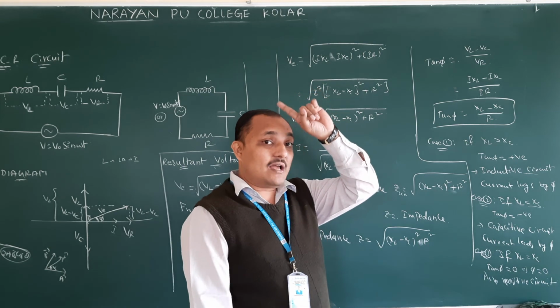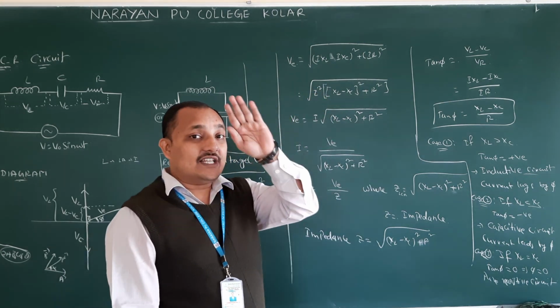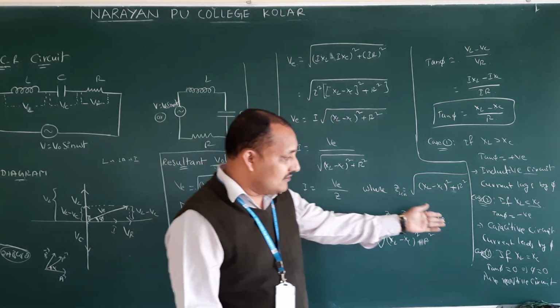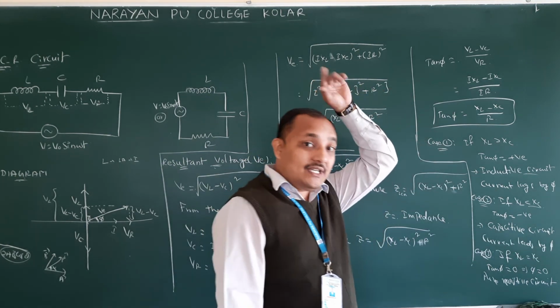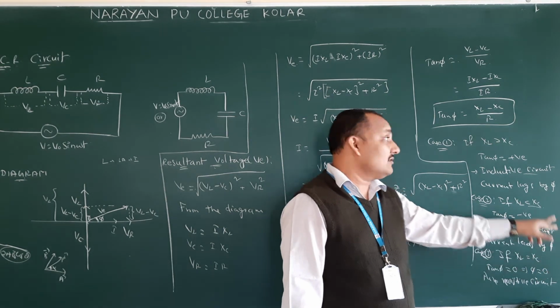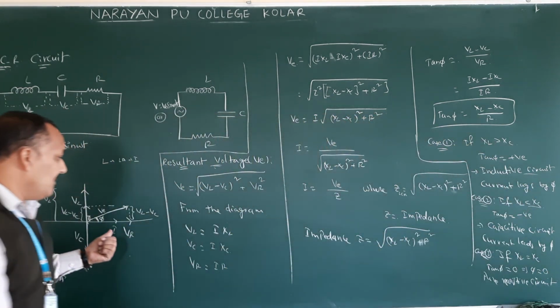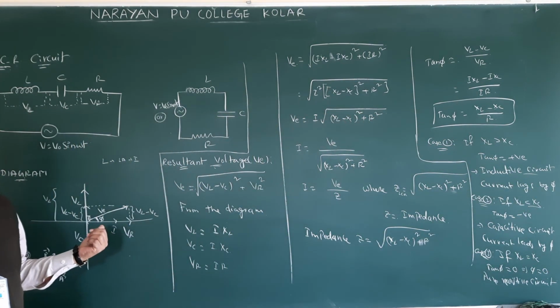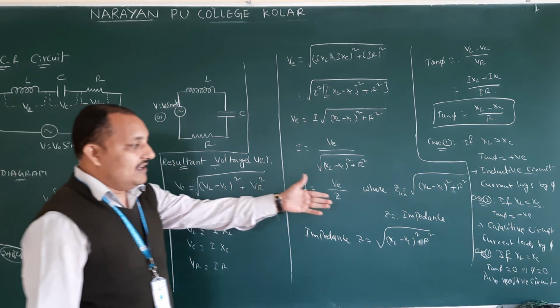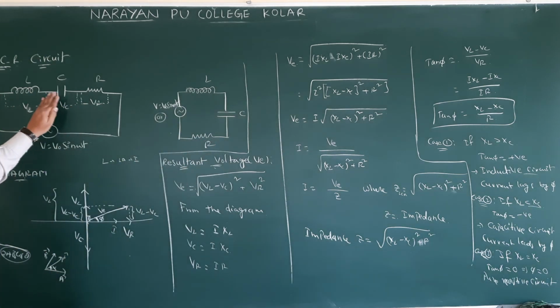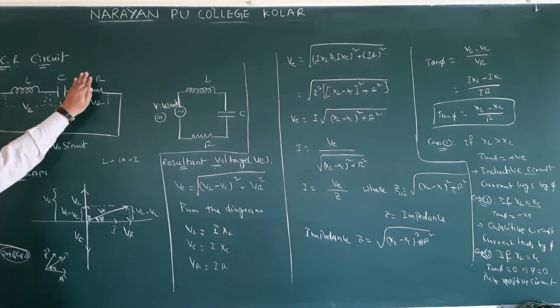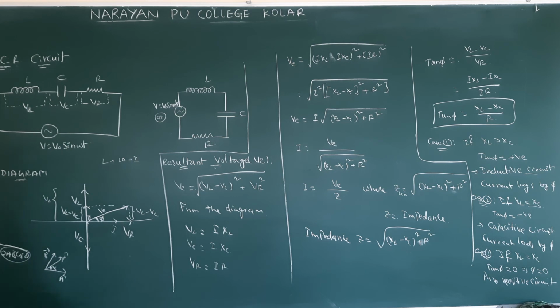You have to take care: in a pure capacitor, current is leading by pi by 2. Here it leads by phi, so you should remember the phase angle in an LCR circuit. Now, if XL equal to XC, then it will act as a pure resistor circuit. In a pure resistor circuit, there is no phase difference. Okay.